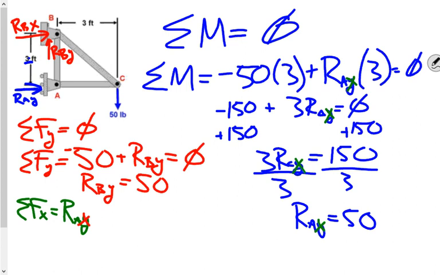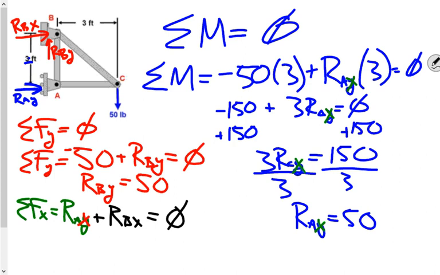So this is RAX. Yeah. So we have RAX going to the right. So what else do we have? There's nothing. Okay, RBX is the only other force we have. And those add up to 0, right?